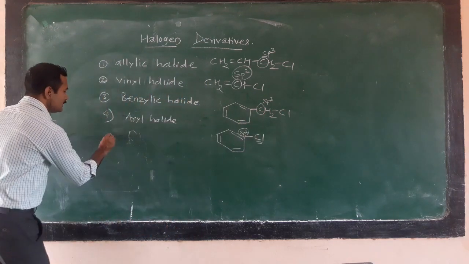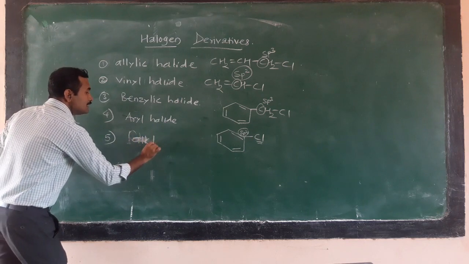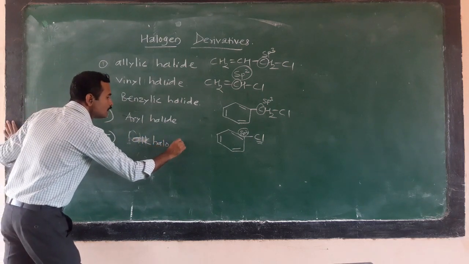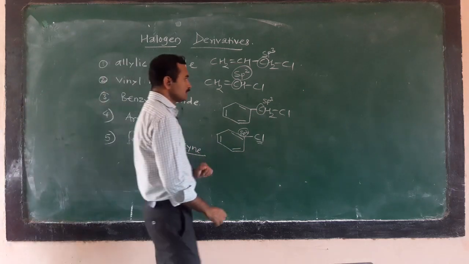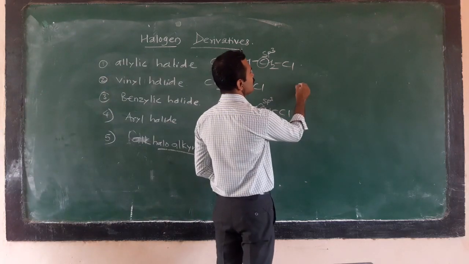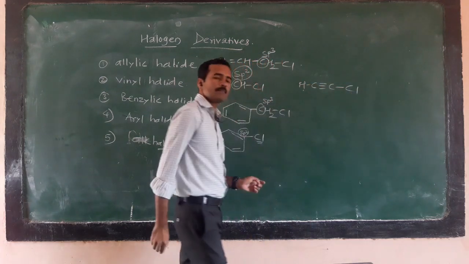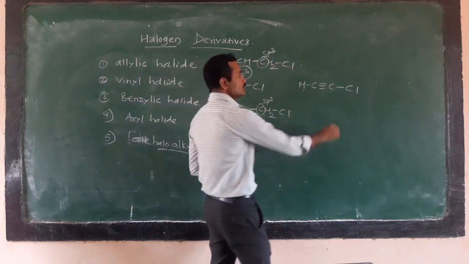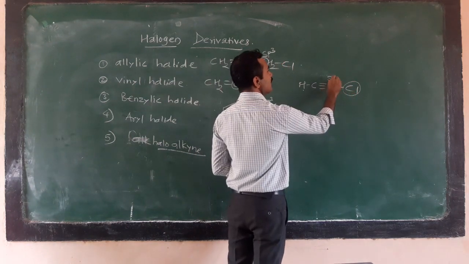Okay. Then the next one is haloalkene. Next one is haloalkyne. What is the example here? Haloalkyne, HC triple bond C and Cl. Here the chlorine atom is attached to a carbon which is sp hybridized.